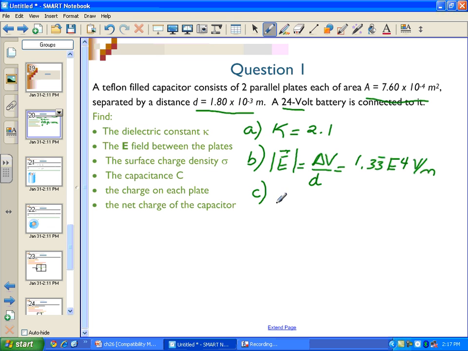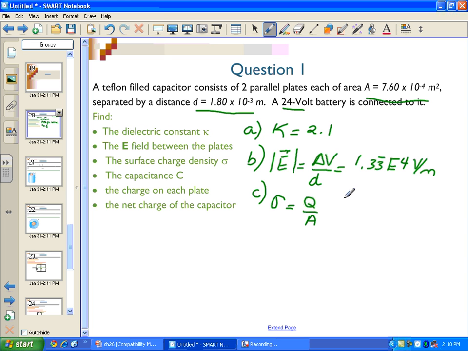What about the surface charge density? Well, here, if you recall, the surface charge density is given by the ratio of the charge on the plates divided by area, but we don't know the charge yet. How about this?